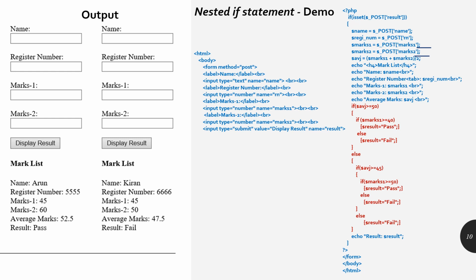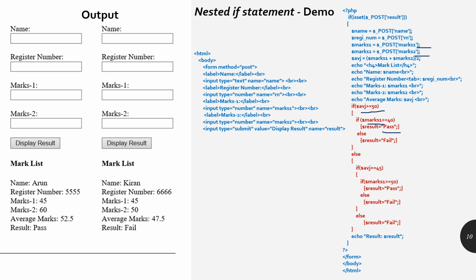The condition here is: if the average is greater than or equal to 50, we can consider it as pass or fail based on another condition. So one condition is the average should be greater than or equal to 50. Then within that, in the true block itself, one more condition: mark 1 should be greater than or equal to 40. Then only is it pass.